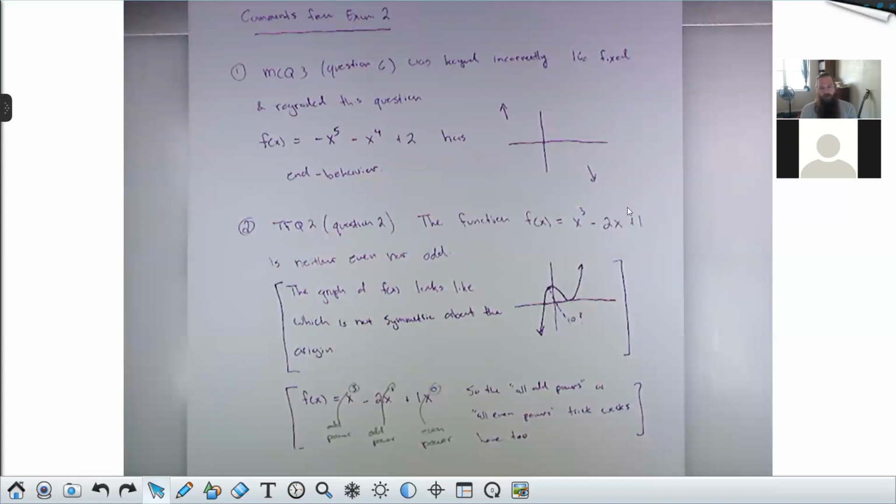So one of the ways you can think about the constant term 1 is as 1 times x to the 0. If this was a 5, I could say this is 5 times x to the 0. So this is kind of a neat way to think of polynomials as descending powers of x. This is x cubed plus 0x squared minus 2x to the 1 plus 1x to the 0. It's a little sneaky.